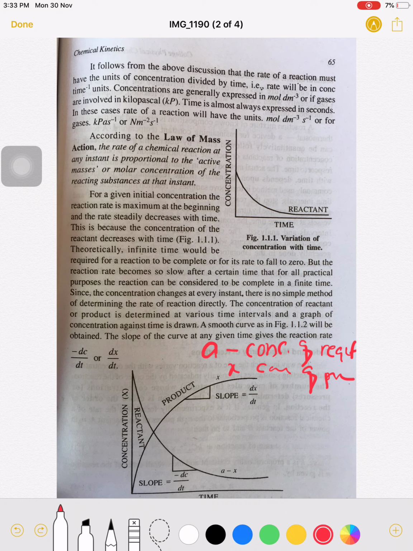Then after a certain time there is a change in the concentration of reactant. How much is changed? We can say A minus X, meaning initially the concentration is A, but some amount X, that is product, is formed. If you subtract X from A, the amount left is the concentration of the reactant A.